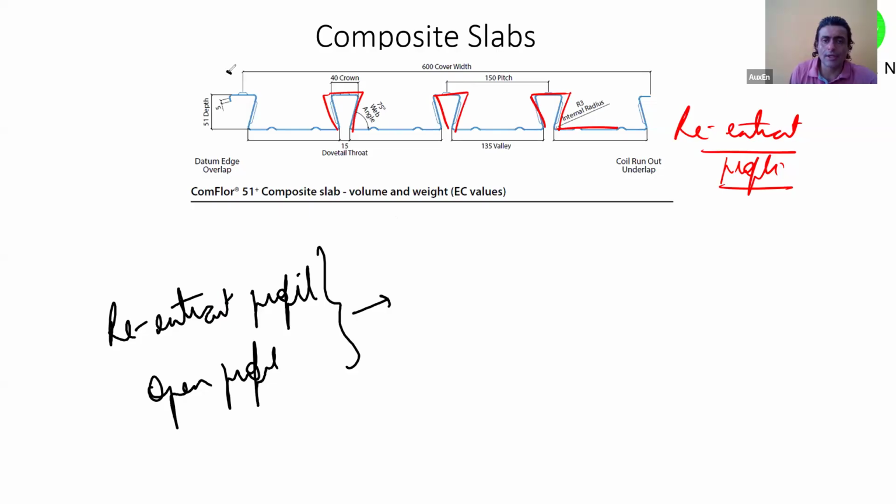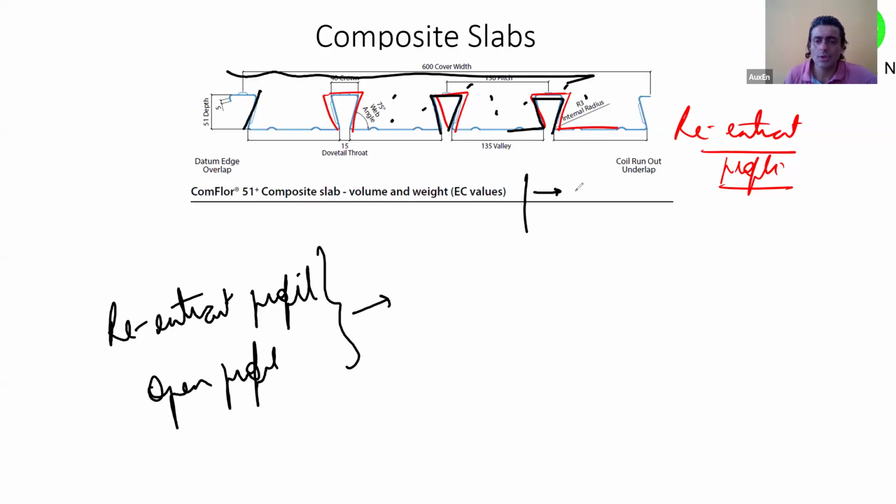So I think most of you would agree that because of this re-entrant profile, where these things are coming inside the concrete, this will give you a better composite action. So the purpose of making re-entrant profiles is to have a better composite action. Are we clear with this?